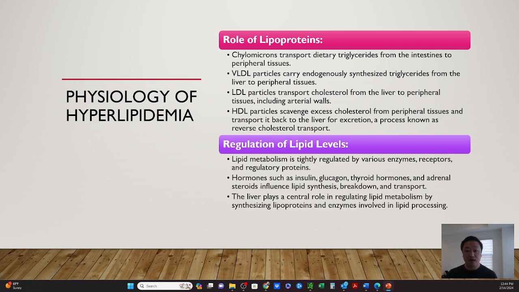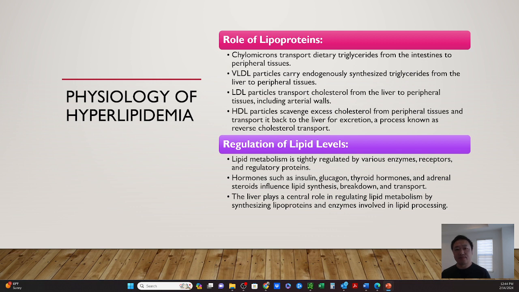The LDL particles transport cholesterol from the liver to peripheral tissues, including arterial walls. HDL particles scavenge excessive cholesterol from peripheral tissues and transport it back to the liver for excretion in a process known as reverse cholesterol transport.